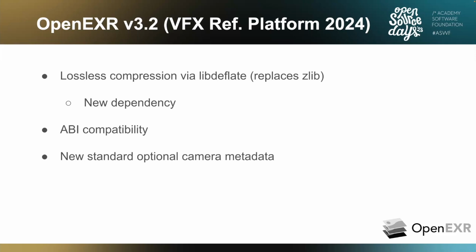The other thing in 3.2 that we're switching to, I think there will be another ABI switch after 3.2, but one of the things we're doing is trying to get to a mode where when we release a new version of OpenEXR, we don't necessarily have to have everybody recompile everything all the time.